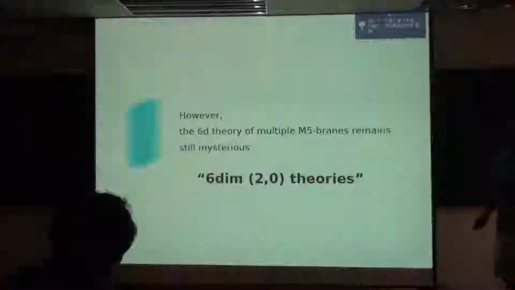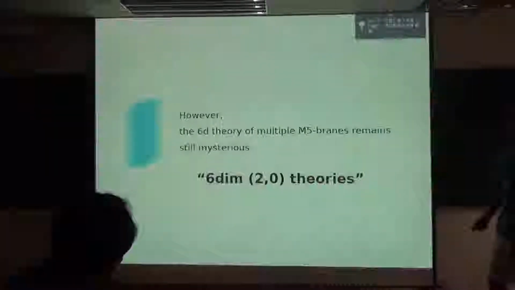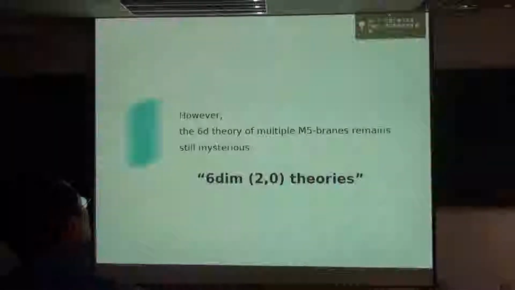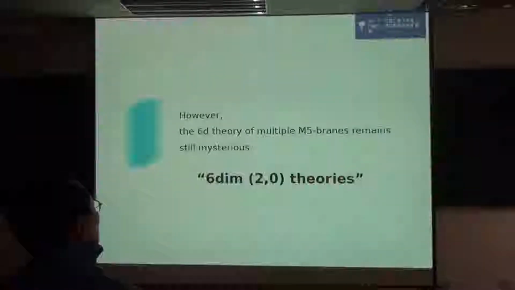So up to now, we have been talking about strongly coupled problems in gauge theory, and the M5 brane played a very important role. But still, our understanding of the six-dimensional theory of multiple M5 branes is very insufficient. This six-dimensional theory of multiple M5 branes is still mysterious.